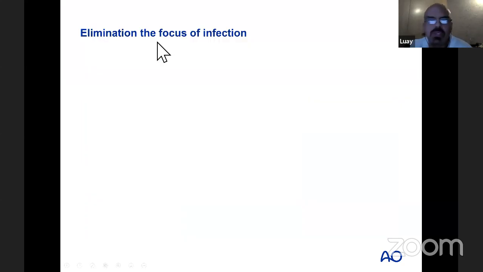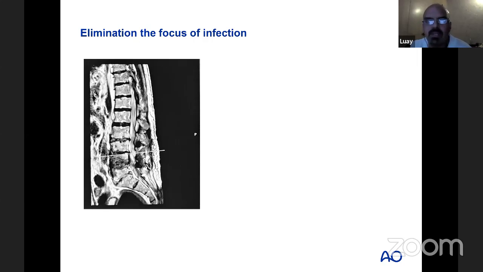Regarding our case, I will try to recall the history for you: the patient came in septic shock with a bed sore and severely ill. For the elimination of the focus of infection, the first thing that would come to mind is that the patient has a deep-seated infection in his spine, with a severely destroyed disc and vertebral body. But the patient came to the hospital after 18 months seeking medical care.